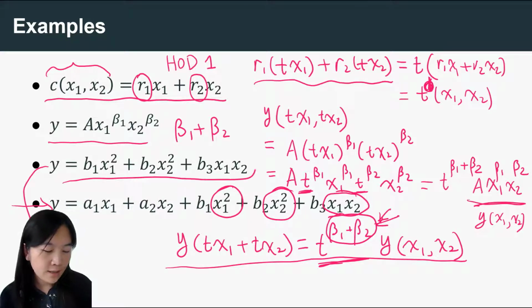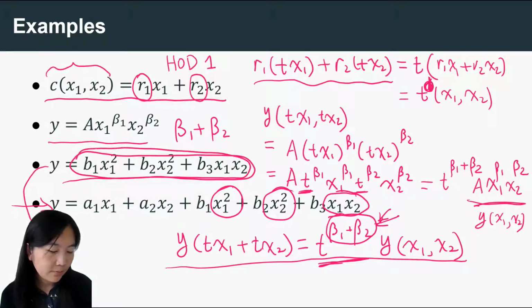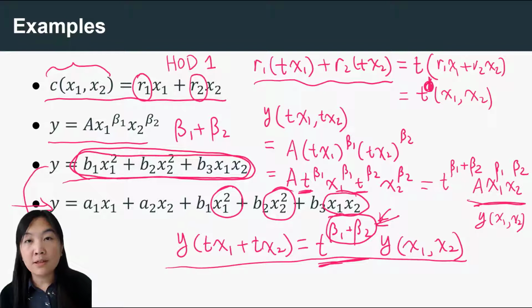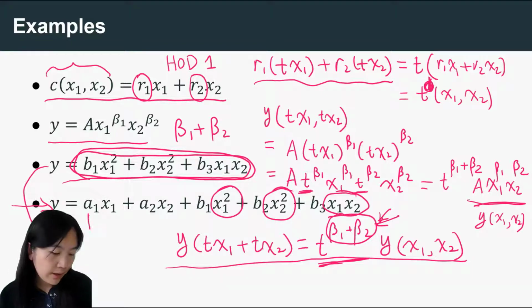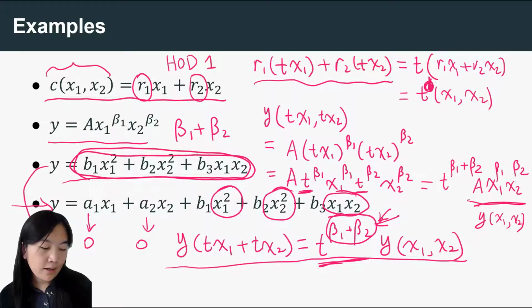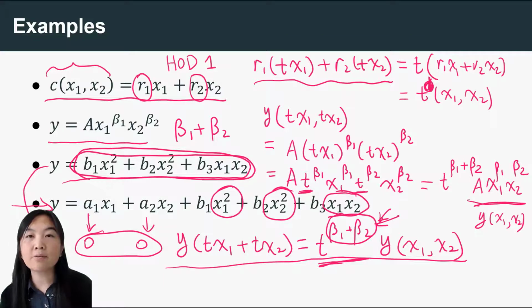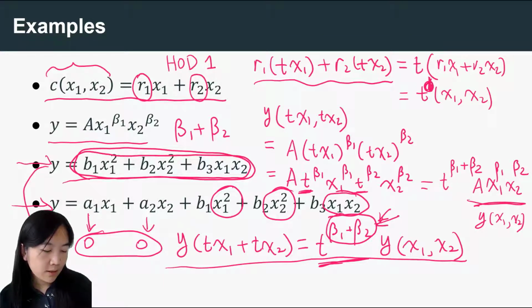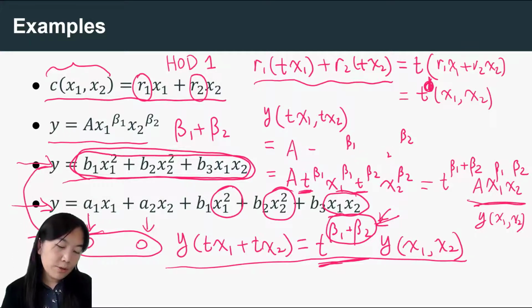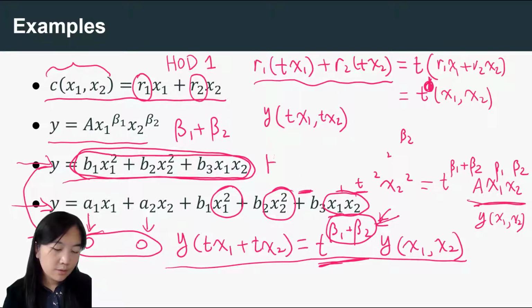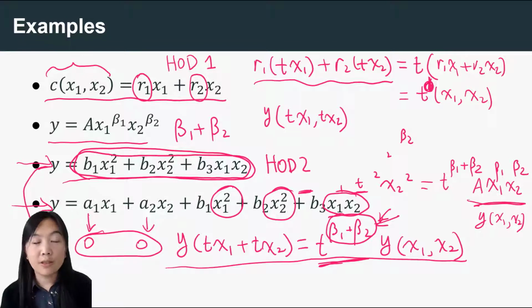However, for the fourth function to become the third function, we have to have a1 equal to 0 and a2 equal to 0. If we have these two assumptions, then our function is homogeneous of degree 2. So the third function here is homogeneous of degree 2.